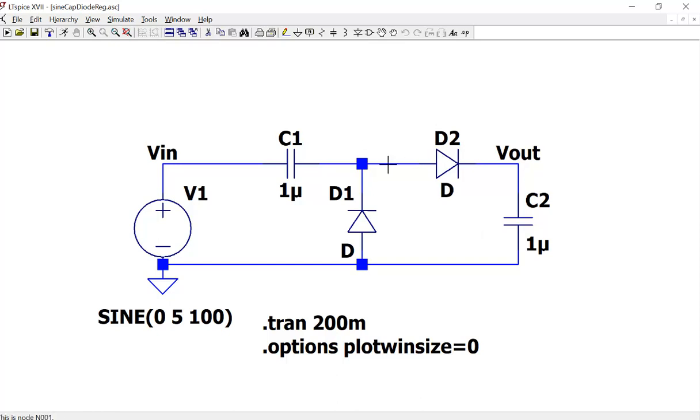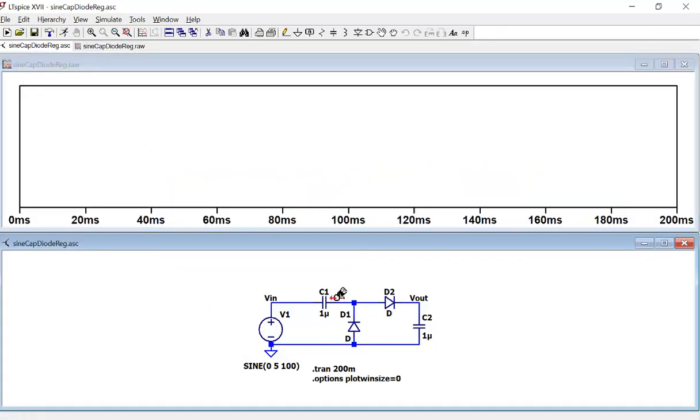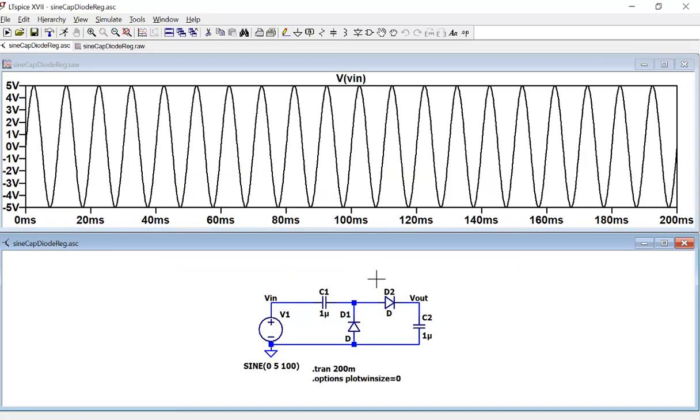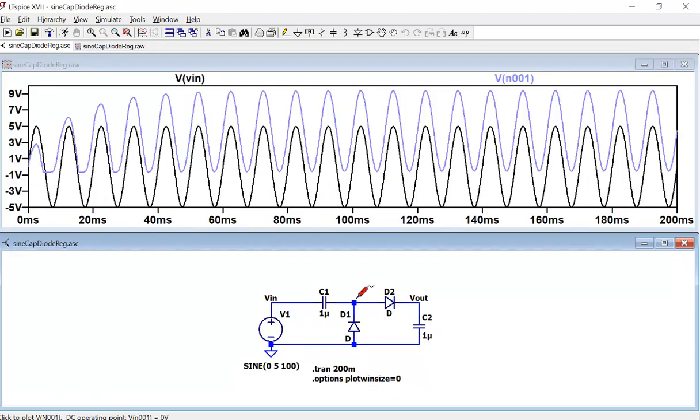So it's going to smooth out all the oscillations and make a DC, very close to DC, not really, but see V in, V out shifted up, and the final output like a DC voltage. Yeah, it won't be done in one cycle.